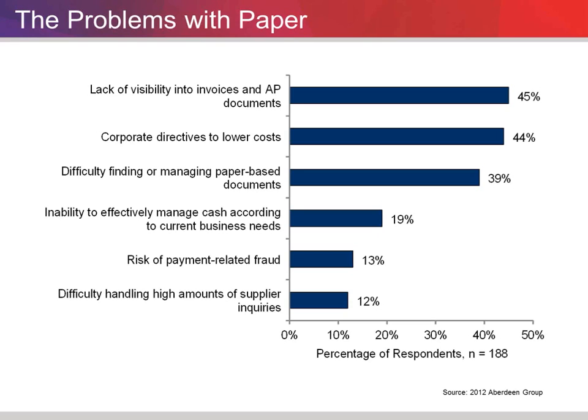CFOs identify capturing more supplier discounts as one of their top strategic priorities. And yes, that's hard to do if you've got a paper-based process that's too slow, and if you don't have access to the data to be able to make an informed decision about whether it makes sense for you to capture this discount.